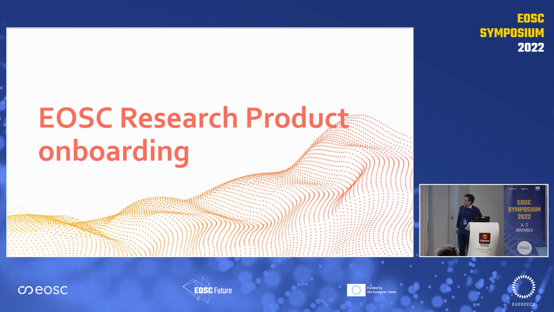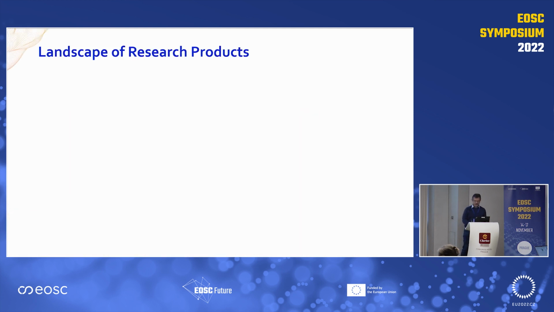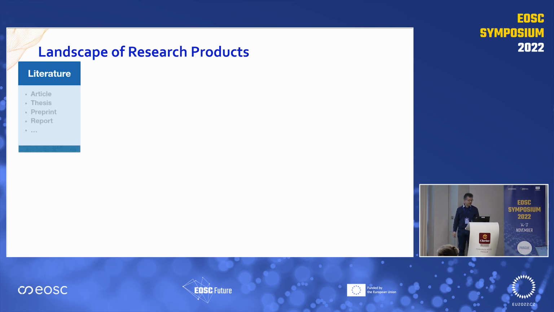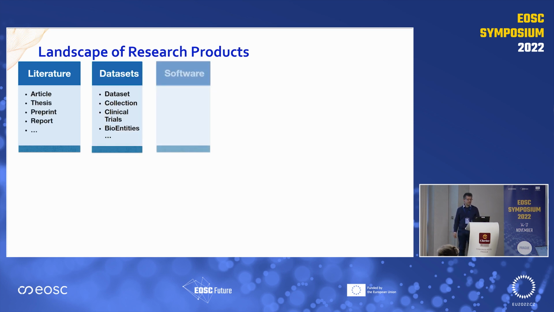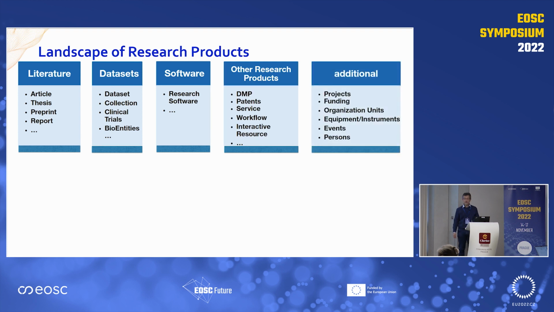As we heard, interoperability is the key, and I will go through some steps and show you some alignments that we have at the moment. First of all, I will go to the landscape of research products as we see. Paolo also mentioned the different research products.